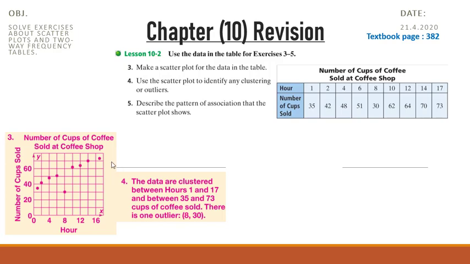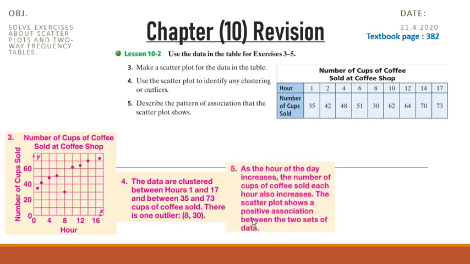We go up when we move from left to right, so it's positive. Okay. As hours of the day increase, the number of cups of coffee sold each hour also increases. The scatter plot shows a positive association between the two sets of data.